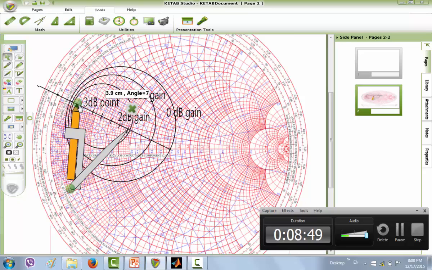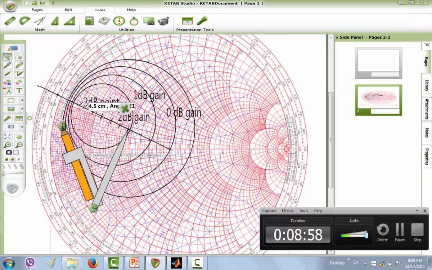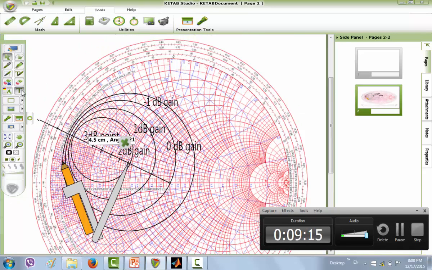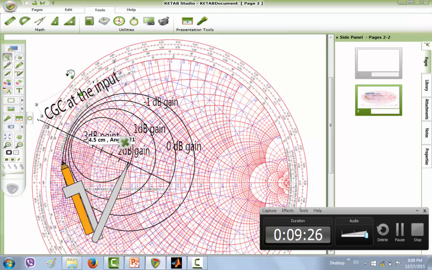So 4.5 is this. This is the last circle for the constant gain circles at the source, -1 dB. So again, just to make sure, constant gain circles are the input.